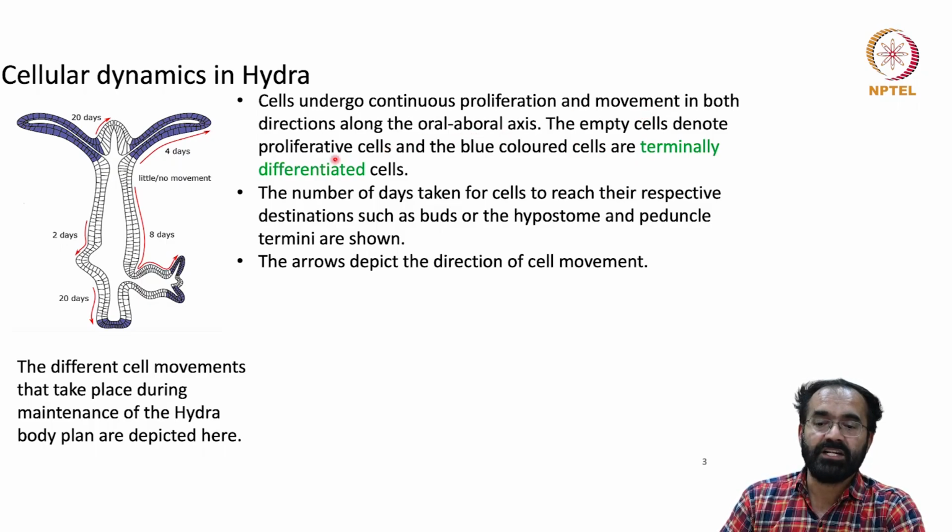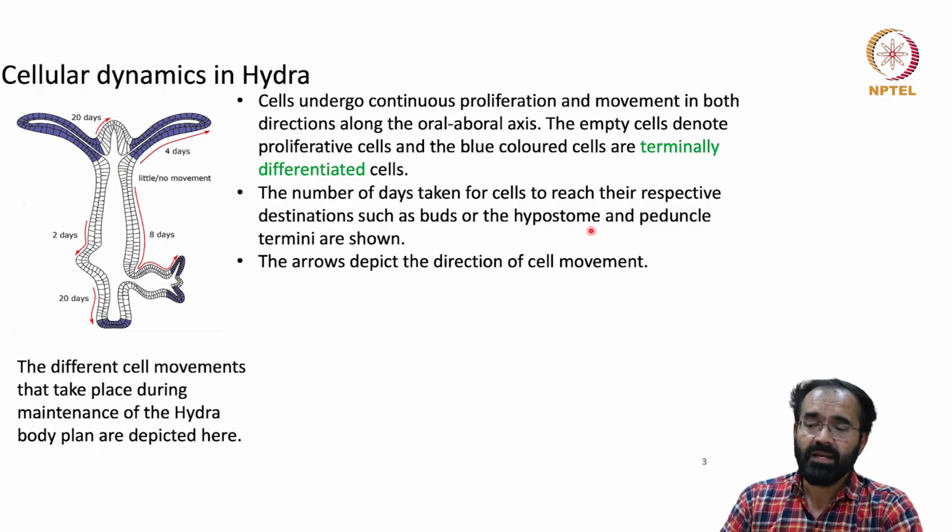The empty cells denote proliferative cells, and the blue colored are the terminally differentiated ones, as you can see in this picture. The number of days taken for the cells to reach their destinations as buds or as hypostome, which is nothing but the mouth, and the peduncle termini are shown in the direction of the red arrows. The arrows depict the direction of cell movement.